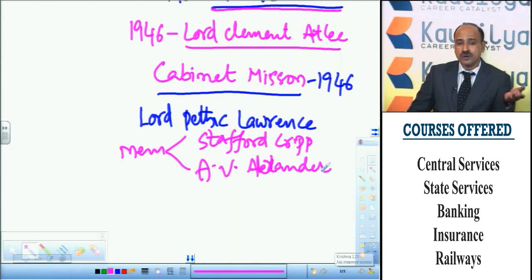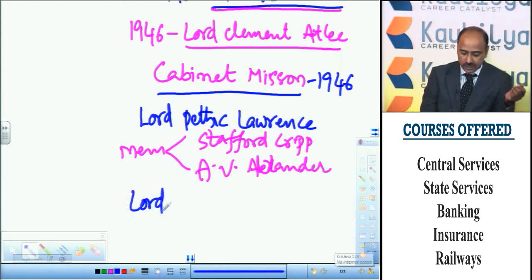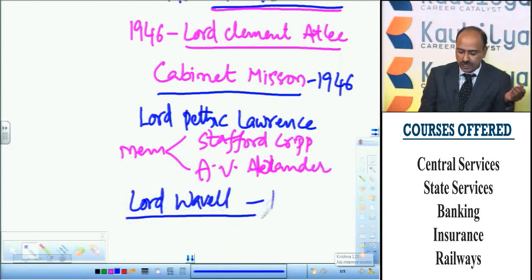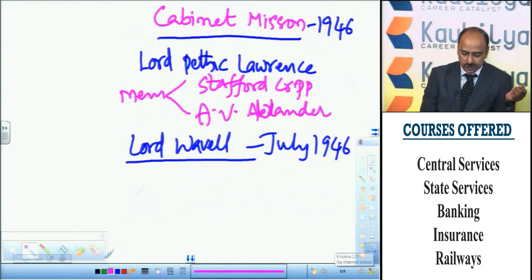According to this report, Attlee sent Lord Wavell to India for establishing the Constituent Assembly. Lord Wavell came to India in July 1946 and established the Constituent Assembly.